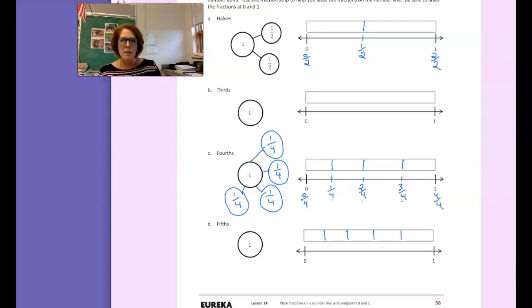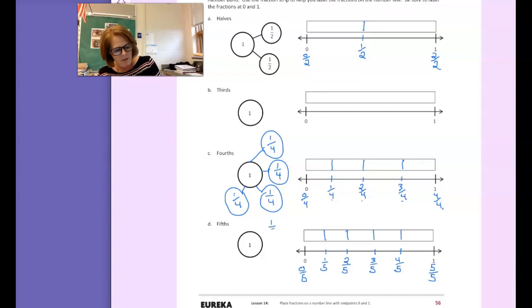All right, so we're at fifths now. So we have 0 fifths, 1/5, 2 fifths. I know this is a lot of writing, but that's good practice for us. 4 fifths and 5 fifths. And our number bond is going, how many fifths do we need to make a whole? 5.